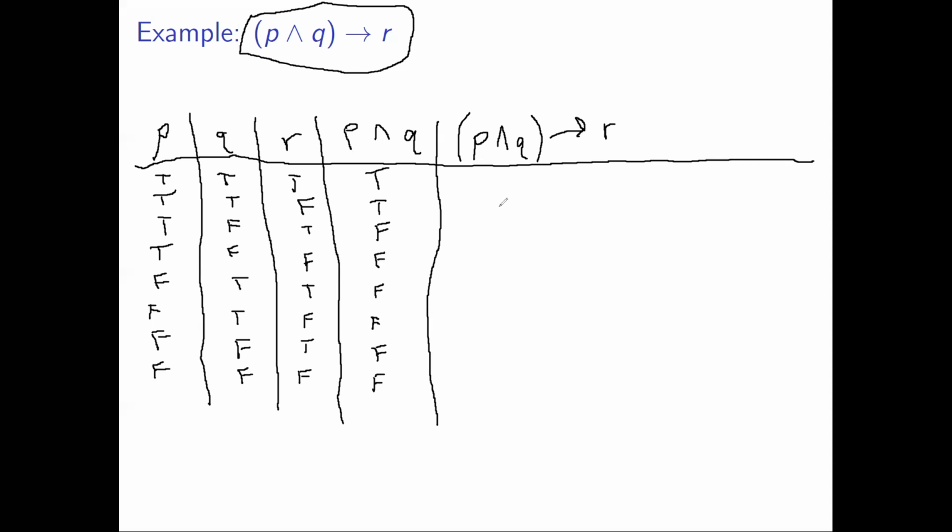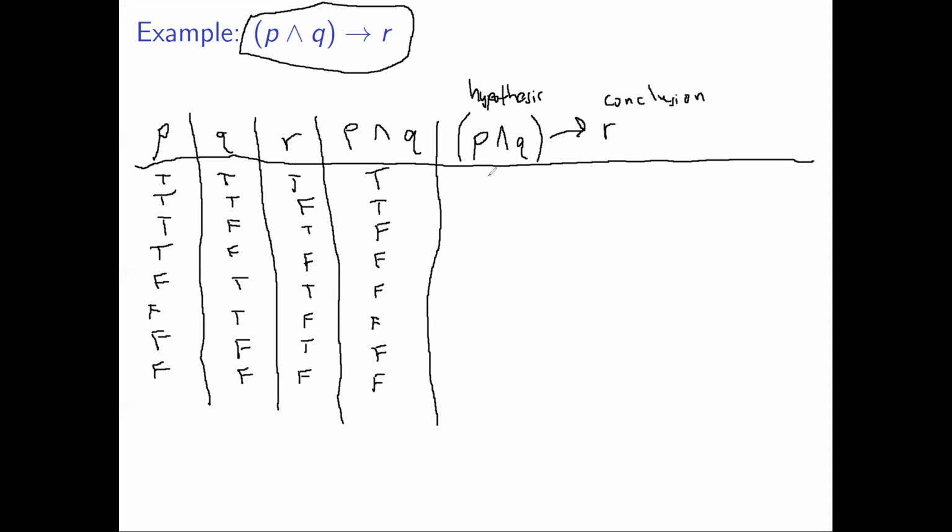And now we have enough to do this last column. So P and Q implies R. P and Q, we can check the values for each row. In this first row, we have P and Q is true and R is true. And this right here is the hypothesis of the implication, and this is the conclusion.